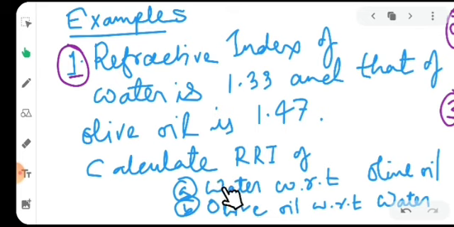So in this question you need to determine the relative refractive index of water with respect to olive oil and of olive oil with respect to water. It's just the same case, but reciprocals are to be found.